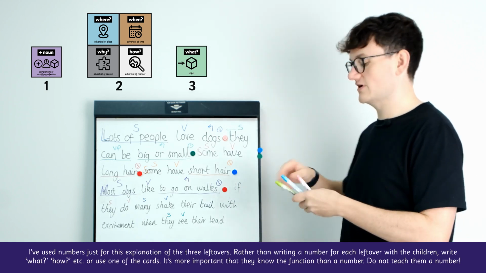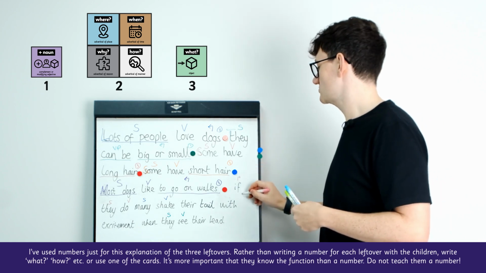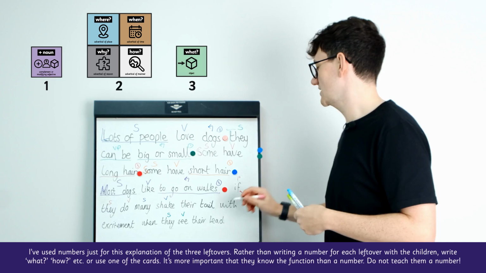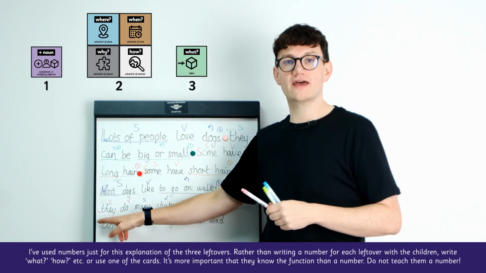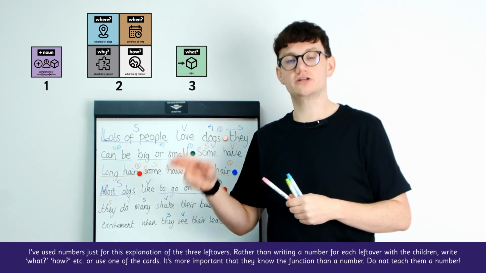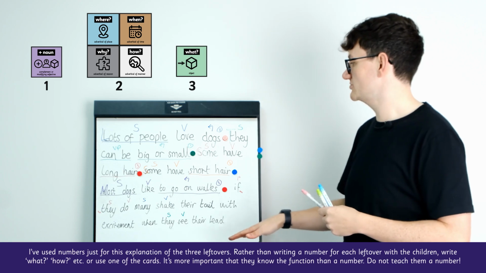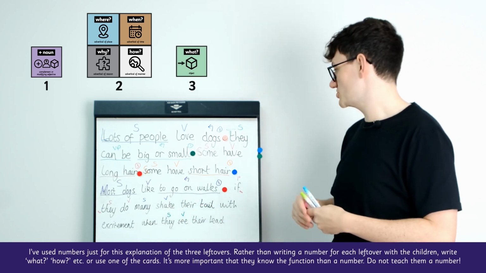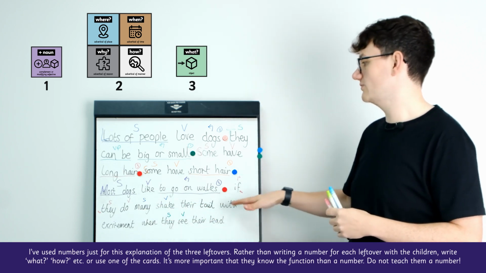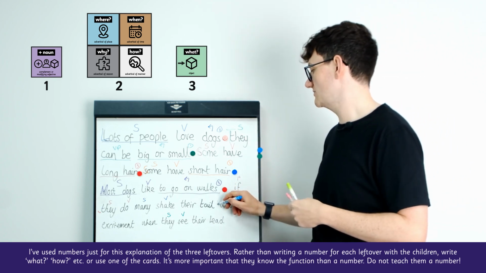So we've got if first of all, and we know if straight away is going to go this way because it's our subordinating conjunction. And I've put a chain there because if the clause moves, the subordinating conjunction is going to go with it. So we've already got the red part, there's nothing else we need to do there. We've got the blue structure here, many shake their tail with excitement. So I'm actually going to put a little dotted line down the middle here.